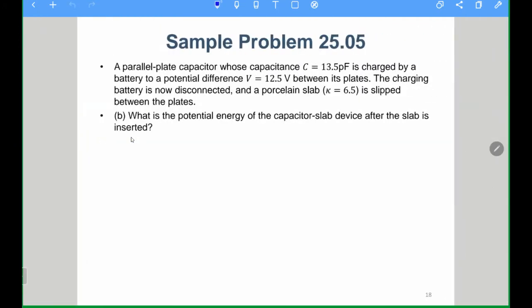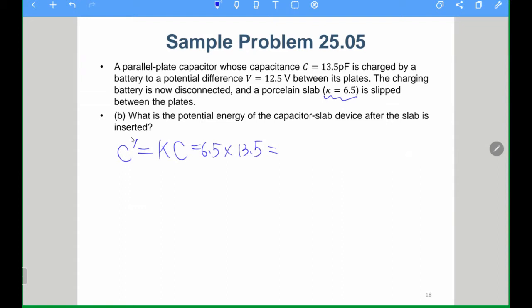And then next, what is the potential energy of the capacitor after the slab is inserted? After it is inserted, we should have C prime equals kappa times C. And here we have kappa to be 6.5, so it should be times 13.5.